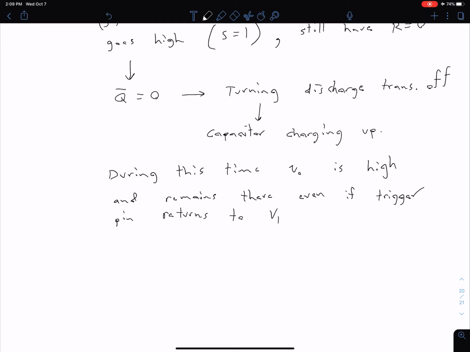VC of t is equal to the final voltage, so it would eventually charge up to VCC, plus our initial voltage, which we said is approximately 0, minus the final voltage, times e to the minus t divided by tau. We can factor out that VCC to clean that up a little bit. So VC of t is equal to VCC times 1 minus e to the minus t over tau, where of course tau is our time constant.